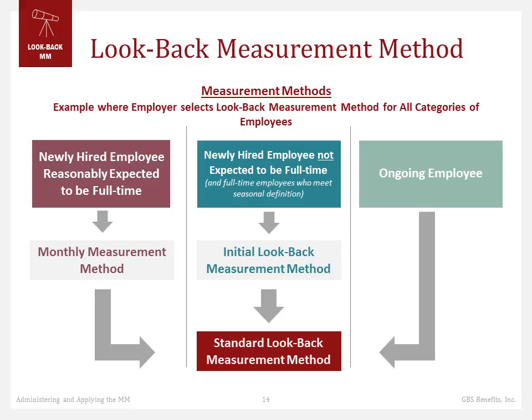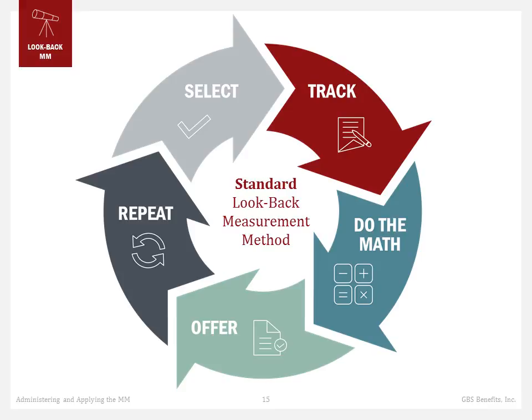And then again, we have our ongoing employees, those who were already with the employer, working for you prior to the start of your measurement method policy. So again, this chart assumes that you've selected the look-back measurement method for all employees, which is what we are recommending.